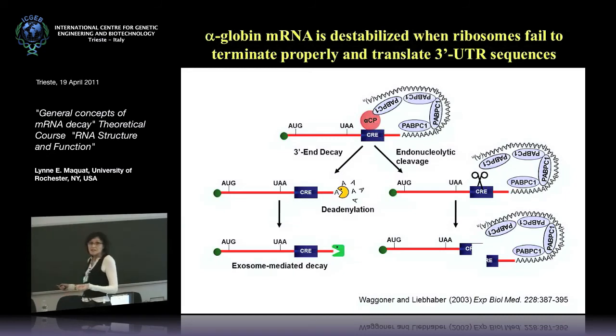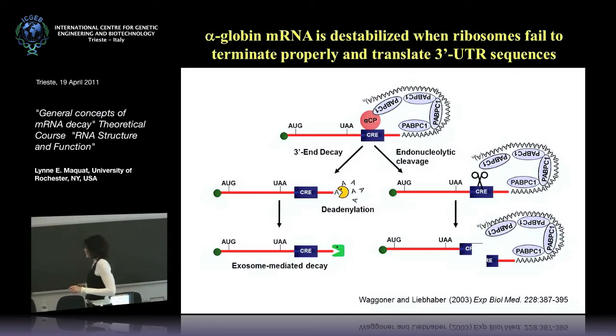This destabilized alpha-globin mRNA. It turns out it destabilized alpha-globin mRNA because there is a C-rich element here that recruits alpha-CP. It's a complex of proteins, one of which binds C-rich regions. And when ribosomes displaced this complex, the mRNA was destabilized by two mechanisms.